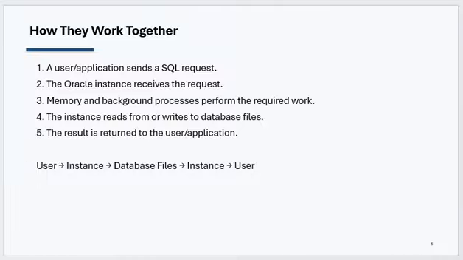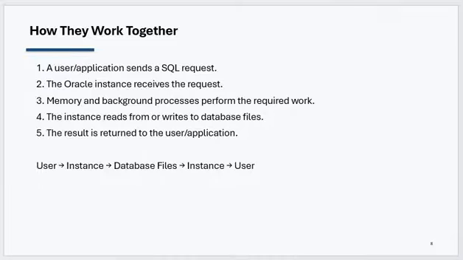Now let's see how the two work together. Suppose an application sends a request to the database. That SQL query first lands in the instance portion of Oracle. The instance processes that request. It uses its memory structures and background processes to perform the required work.